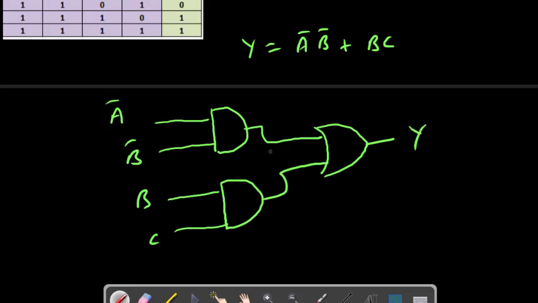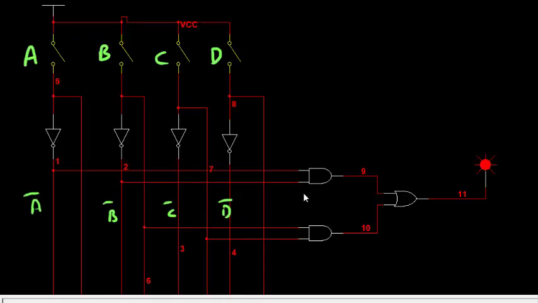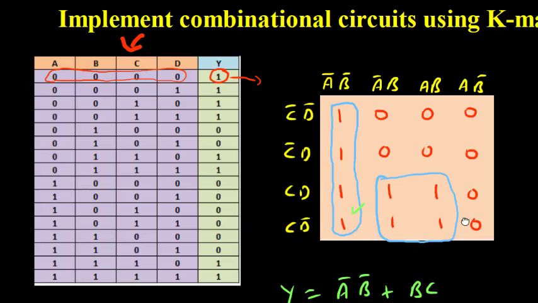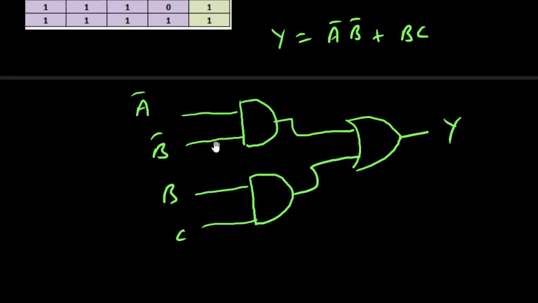Now we will check this circuit in the Multisim software to see whether we are getting all the outputs accordingly. This is the implementation of our circuit diagram after drawing the K-map, implemented using Multisim. There is an AND gate for A bar, B bar, an AND gate for B, C, and then the OR gate and the output.